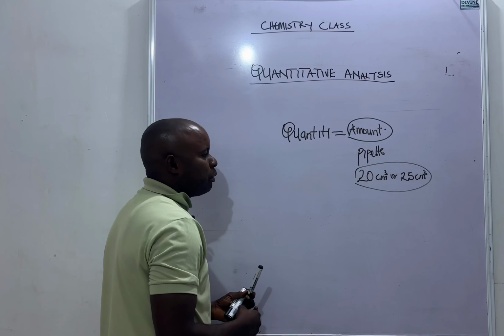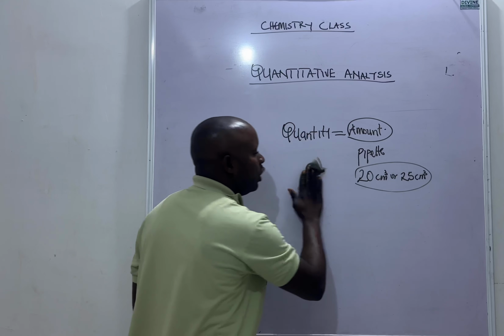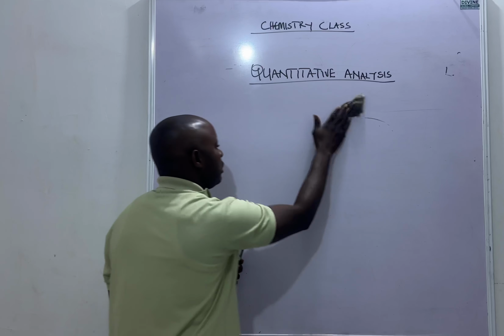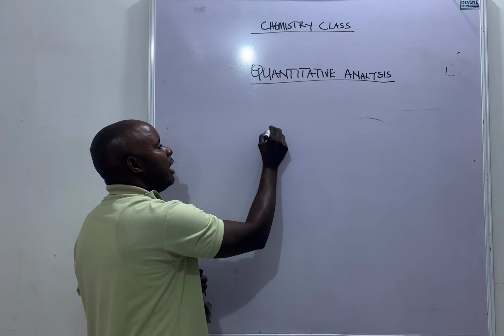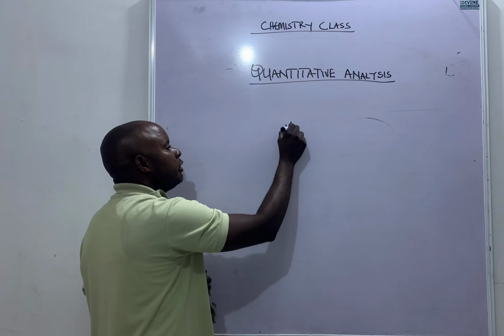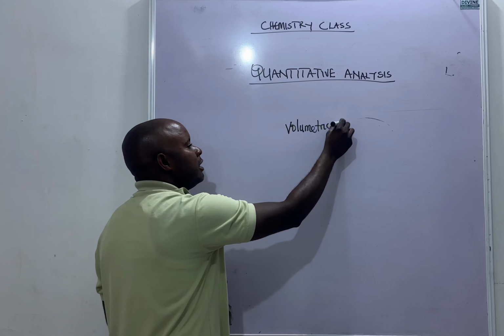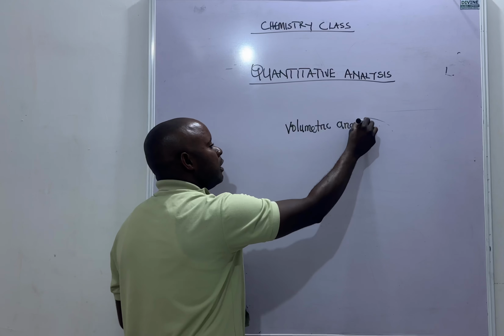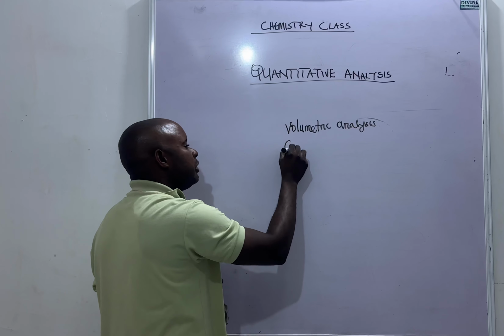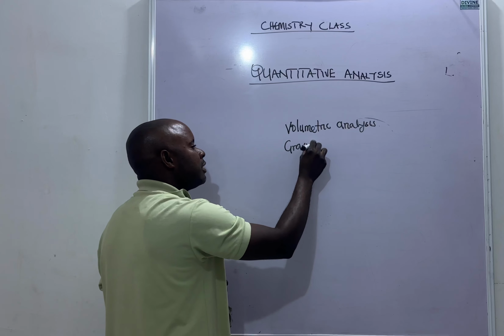So we have two approaches to quantitative analysis: volumetric analysis and gravimetric analysis.